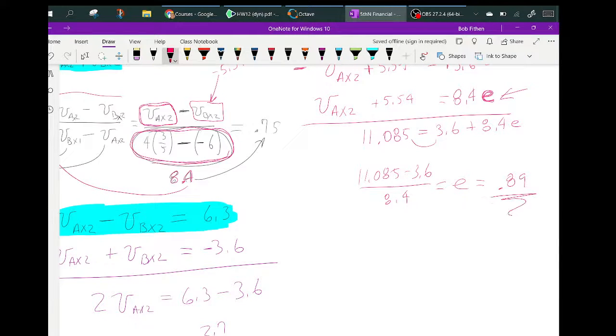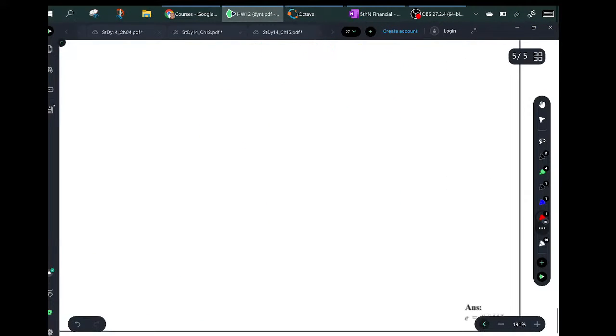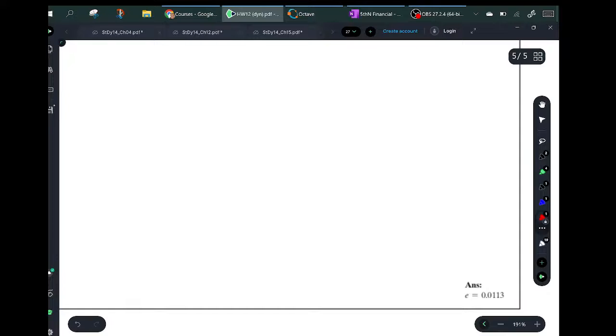Is that what he got? It's probably not. I seriously doubt this answer. That is the coefficient of restitution? No, that can't be.